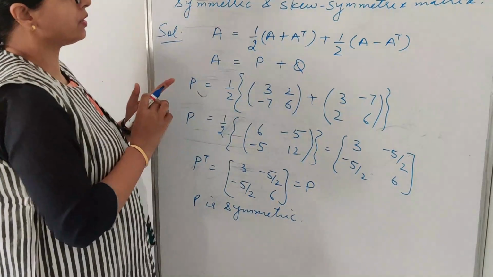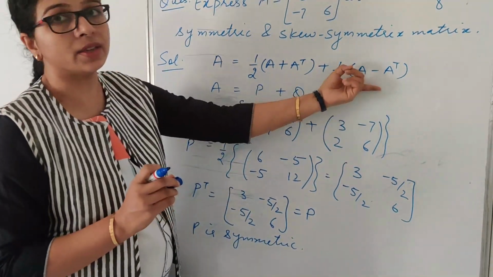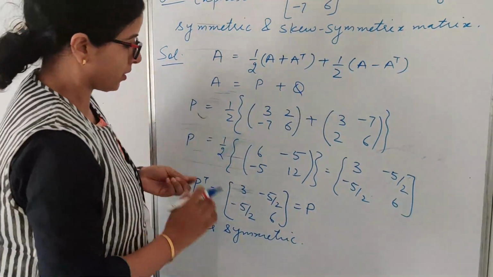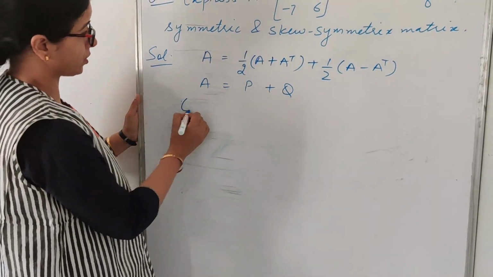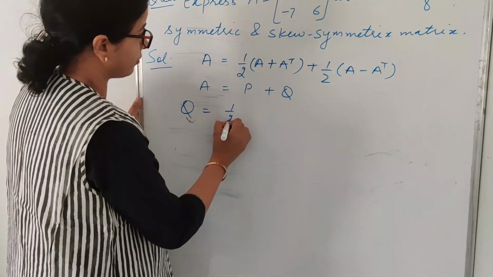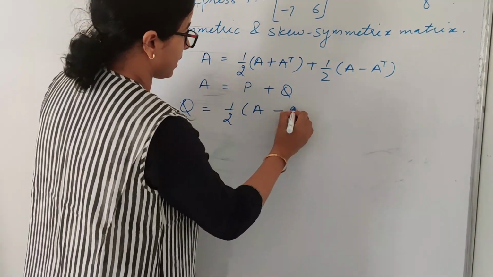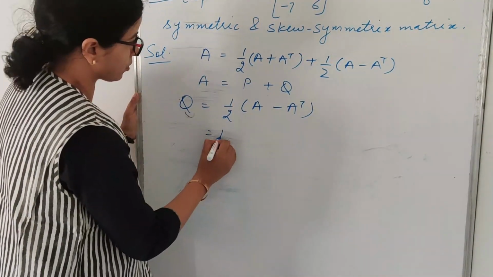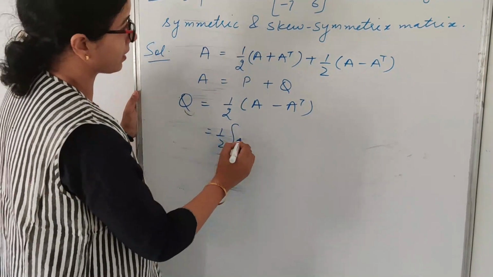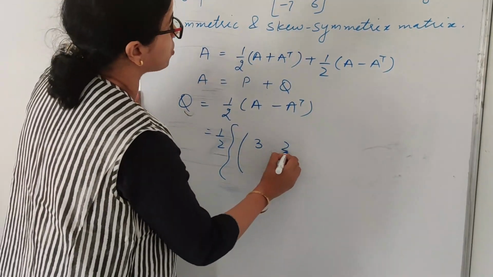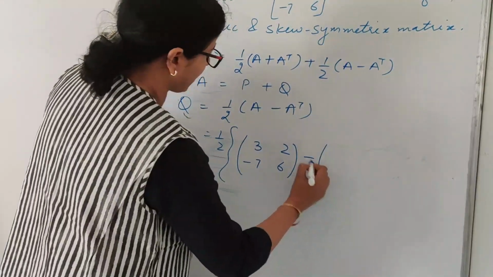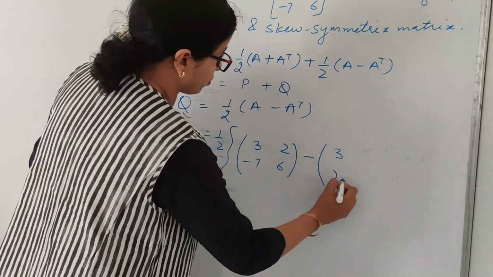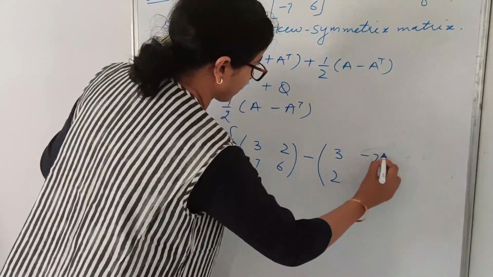Okay. Now I will check for Q, whether it is skew symmetric or not. So now find out Q. What is Q? Half of A minus A transpose. Okay. So half, curly bracket, 3, 2, minus 7, 6, minus its transpose, 3, 2, minus 7, 6.